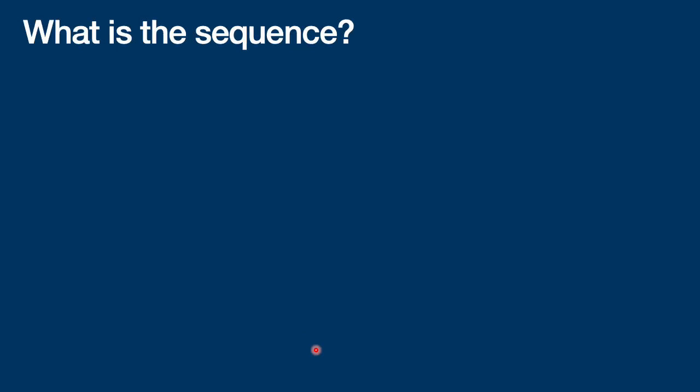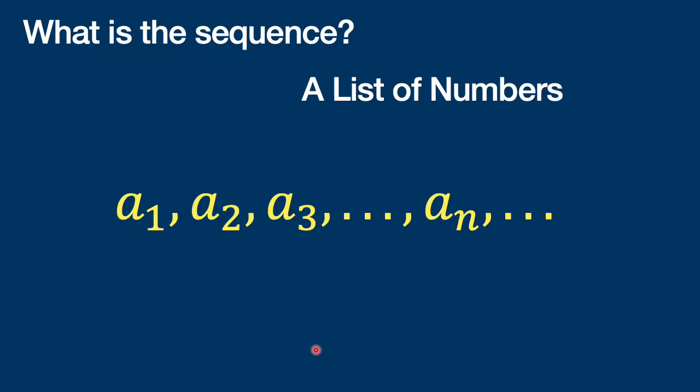In a very simple way, this is a list of numbers. Before we talk about examples of a sequence, let's start with the notation. a1, a2, a3, ..., an, b1, b2, b3, ..., bn.